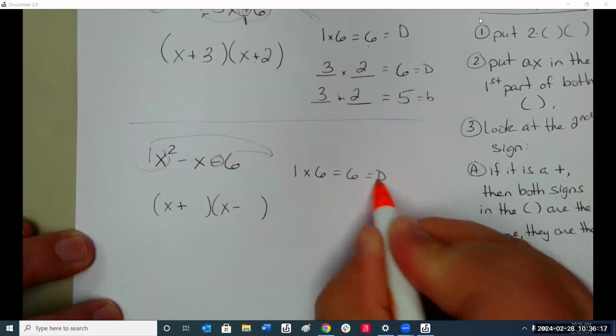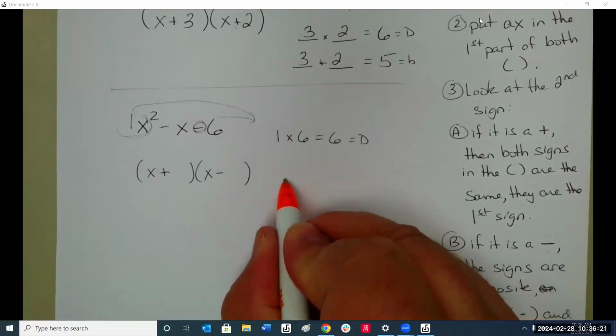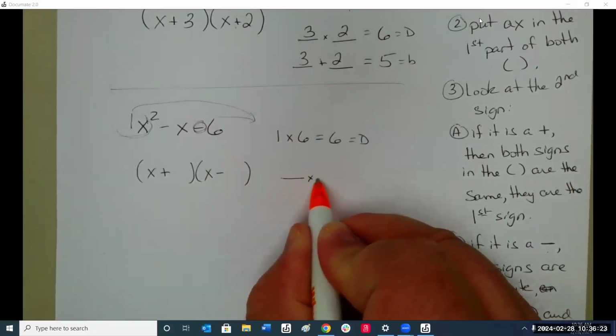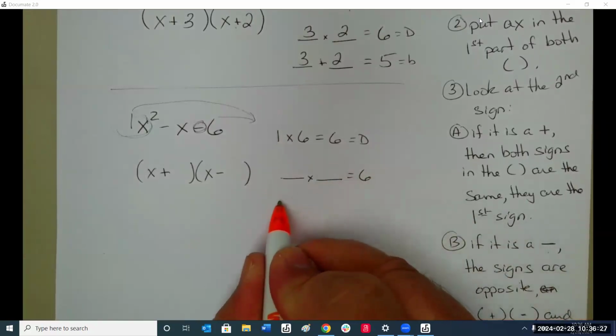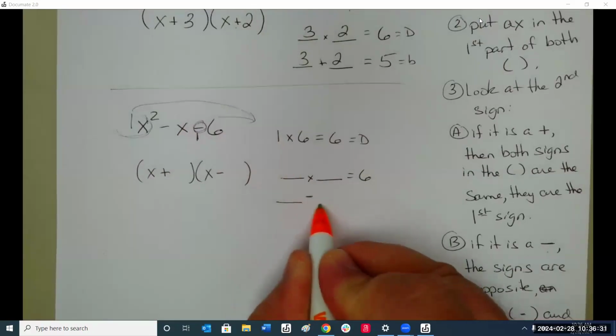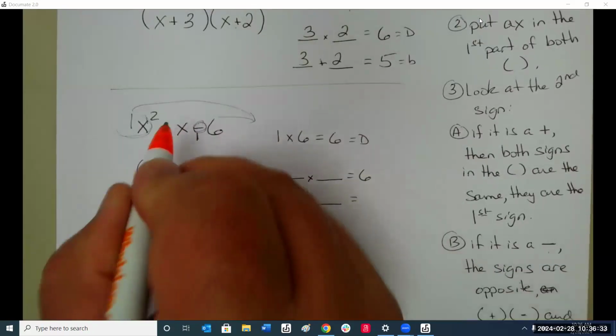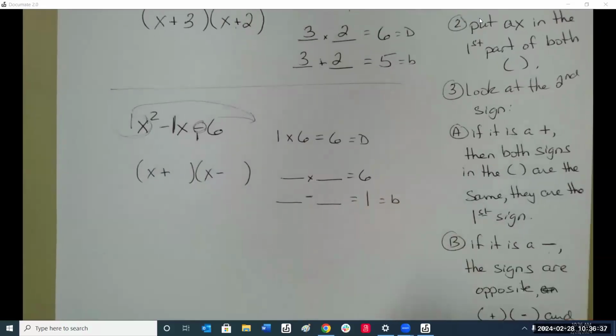That's my D. So what times what equals 6, and that's a minus sign, that when I subtract them, it equals 1, which is my B term.